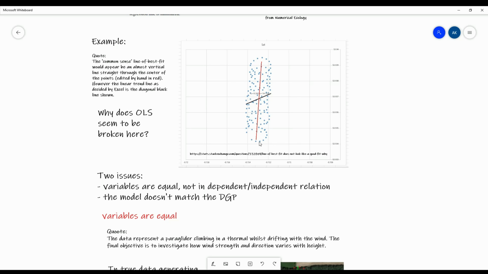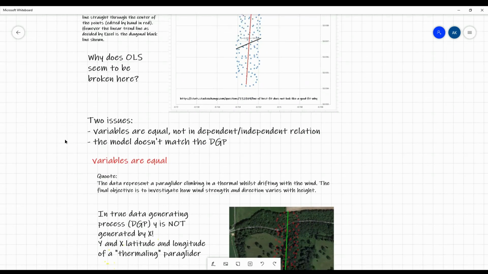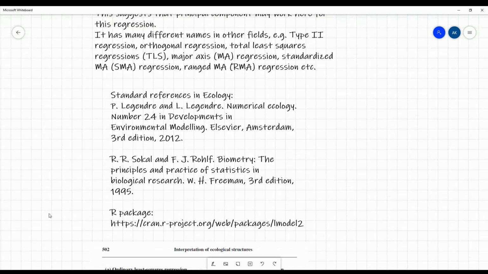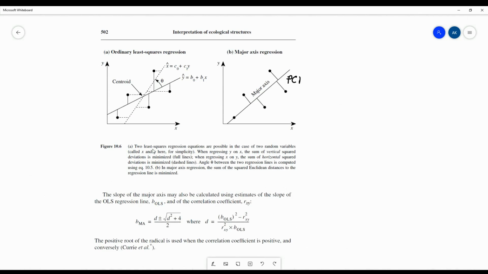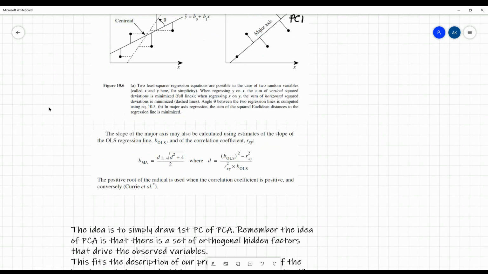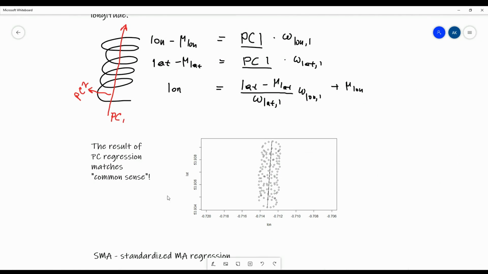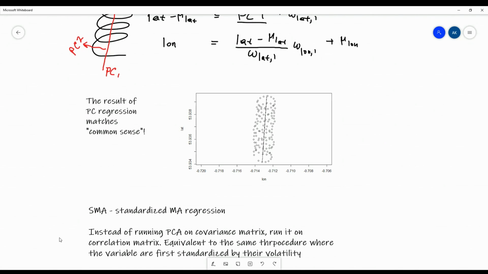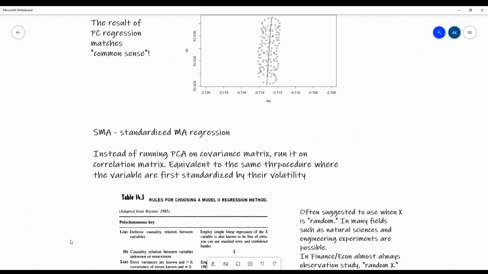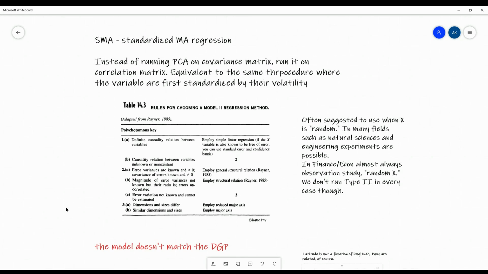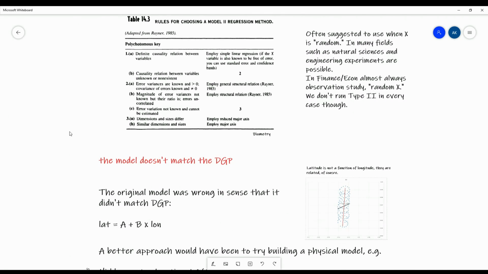Now, before we wrap up the theoretical part and then go into this fun exercise of actually fitting the complex movement of the paraglider, let's talk about this important subject. And the subject is that the model should fit the data generating process, DGP.